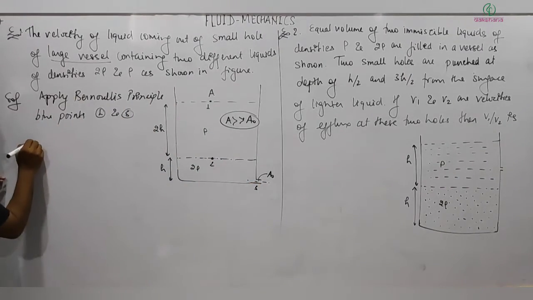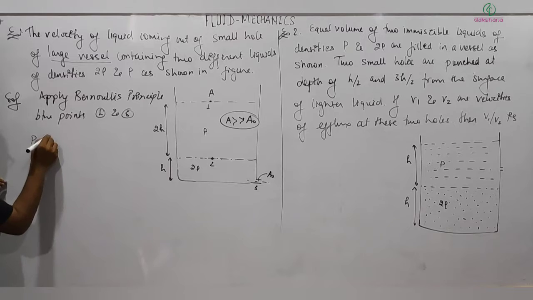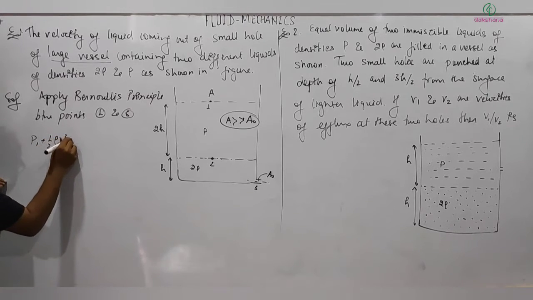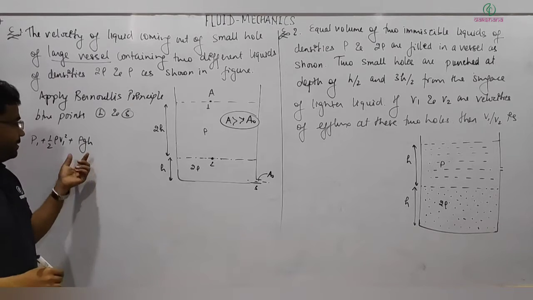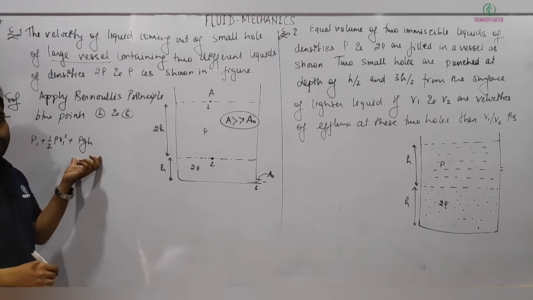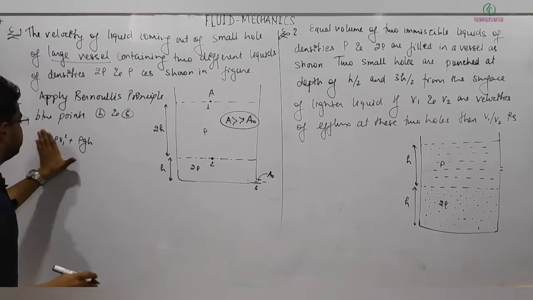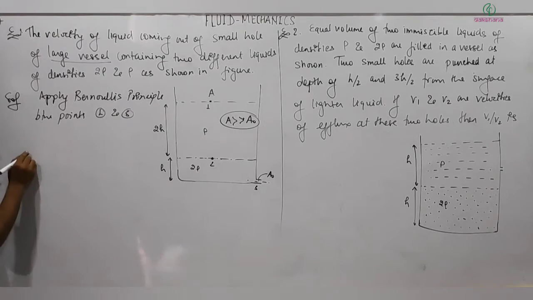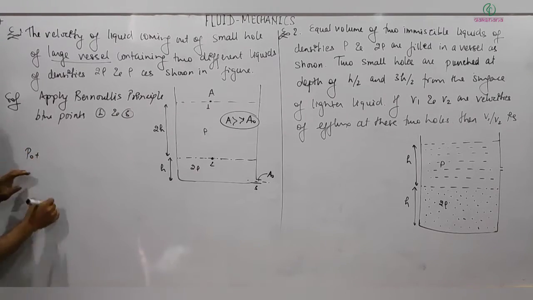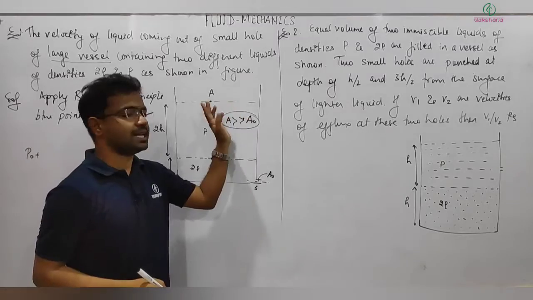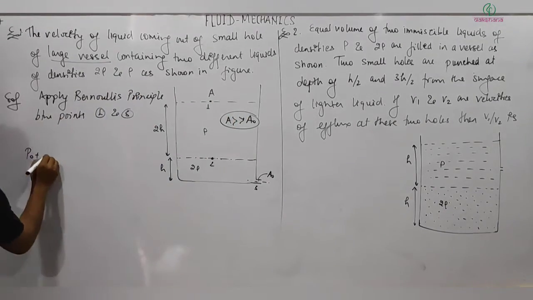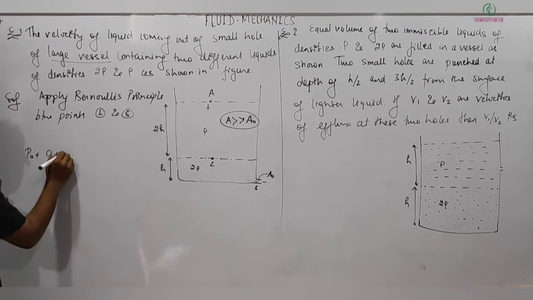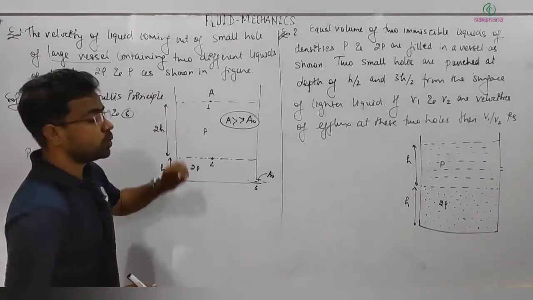So for point 1 I can write P1 plus half rho V1 square plus rho GH. Here we need to write these things properly. So for point 1, the pressure I can write P naught. Because this is a large tank, we can take the velocity of this free surface to be almost 0. So the kinetic energy is 0, plus next we need rho GH.